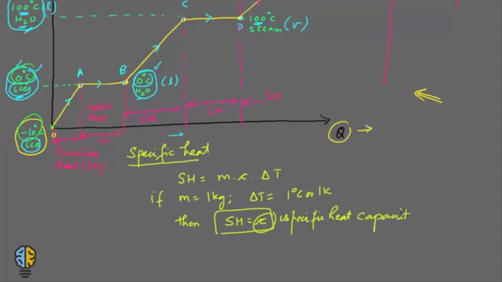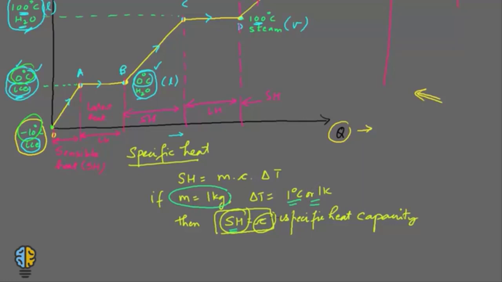So it can be defined as the amount of sensible heat transferred. It can be absorbed or it can be released, so I would say transferred in general. So it is the amount of sensible heat transferred for 1 kg of substance to change its temperature by 1 degree Celsius or 1 Kelvin.